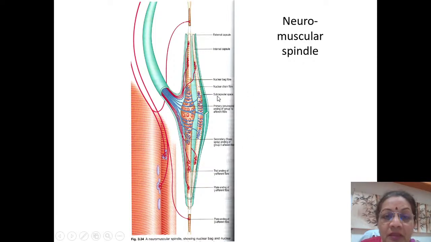In between, with these nerve endings wrapping around it, there is one green material which is surrounding this whole bunch together like a wrap, which we can call a capsule, and therefore there is a subcapsular space. And in that capsule, if you look at it even more carefully, there will be an internal capsule and an external capsule. So somebody has fine dissected it, laid it out, and discerned all these spaces, all these components, given each one a name, and then studied what each of them must be doing.